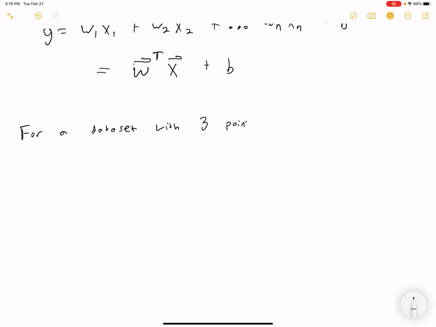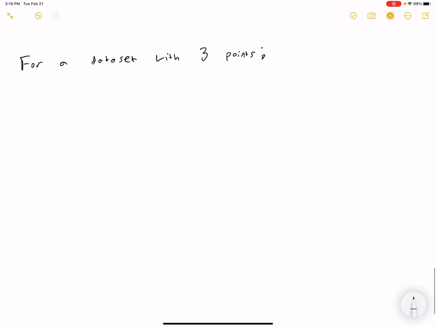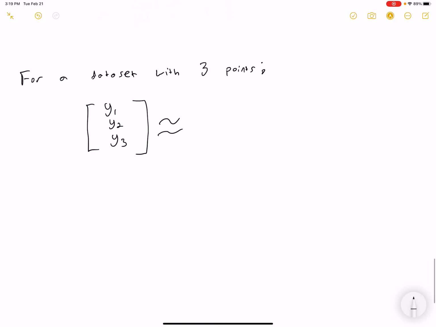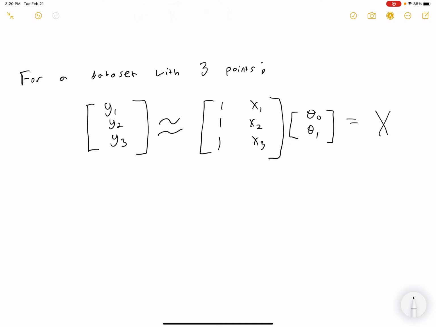So, okay, for a data set with 3 points, for example, we could write it in a linear algebra way as y1, y2, y3 is going to be estimated by the following matrix of values times our parameter values, which we can write concisely as the X matrix times the theta matrix.